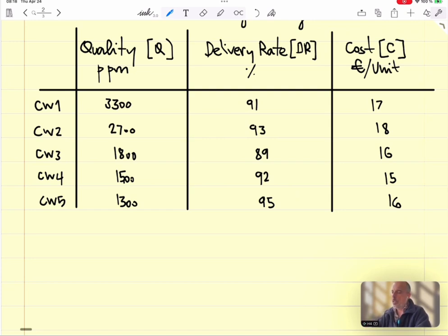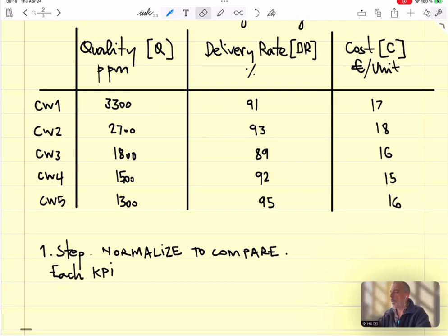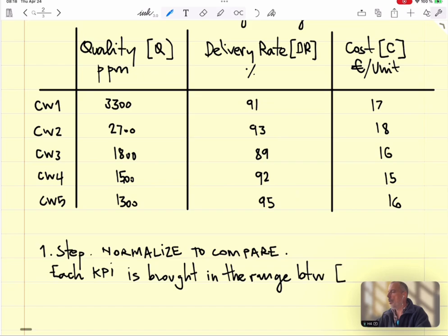So the first step is to normalize to compare. Each KPI is brought in the range between 0 and 1.